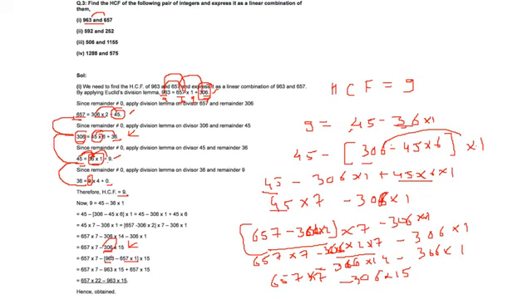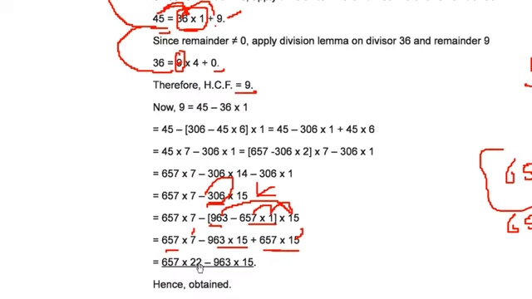Expand it: 963 into 15, and 657 into 1 into 15. Now we have 657 here and 657 here, we have 15 and we have 7. So 15 and 7, just add them. You get 657 into 22, minus 963 into 15.